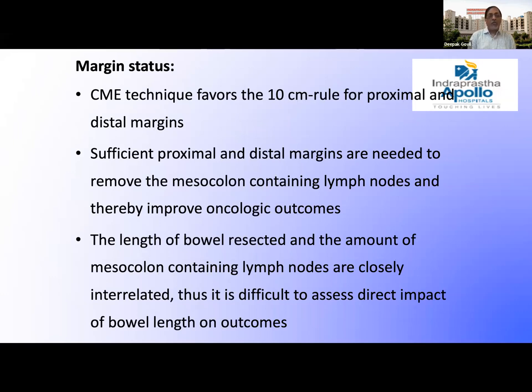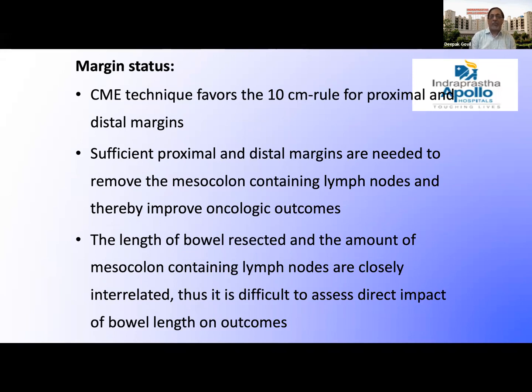Overall, the basics after the CME technique favor a 10 centimeter rule for proximal and distal margins, at least, because the majority of times our resections follow the guidelines of the blood vascular supply. But in addition to that, a minimum of 10 centimeter margins is preferred on both proximal and distal margins for a colonic resection.